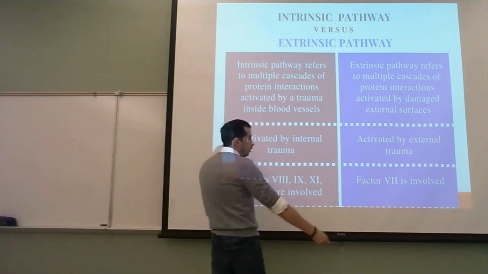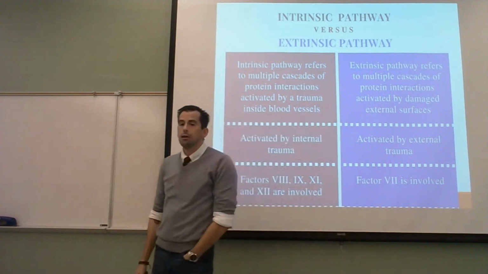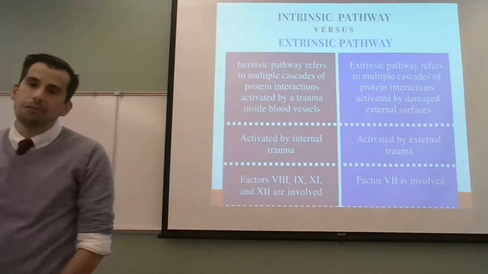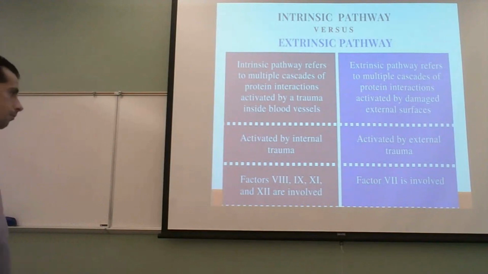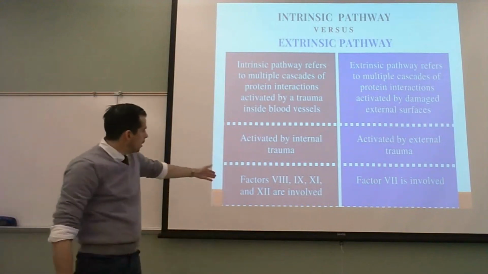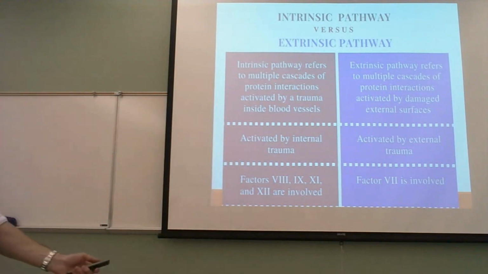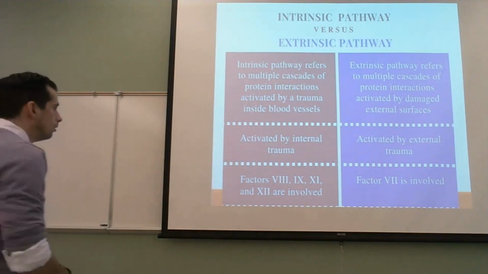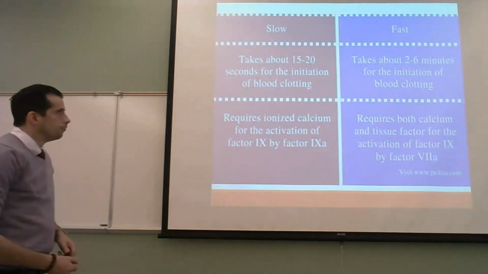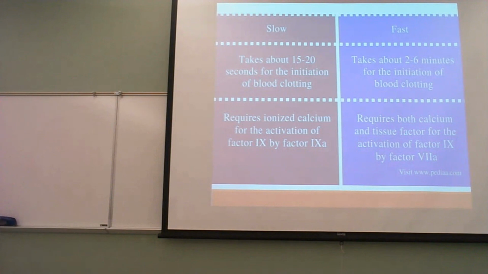We pointed out earlier that we see a lot fewer clotting factors involved in our extrinsic. It only uses clotting factor 7. 8, 9, 10, 5 is not even on the list. They're going to be more involved in the intrinsic. Intrinsic pathways tend to be slower.